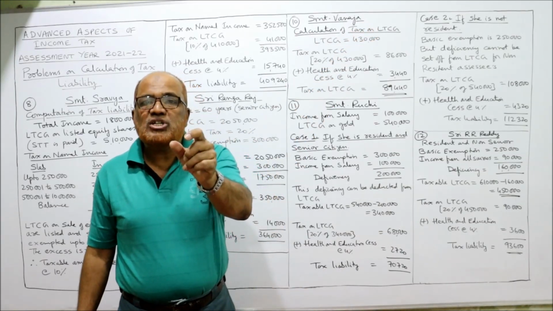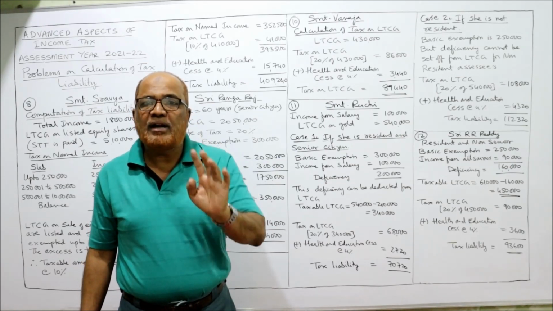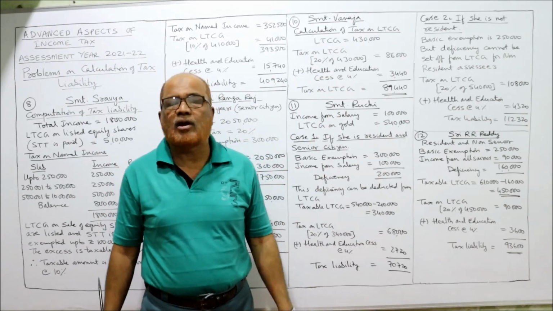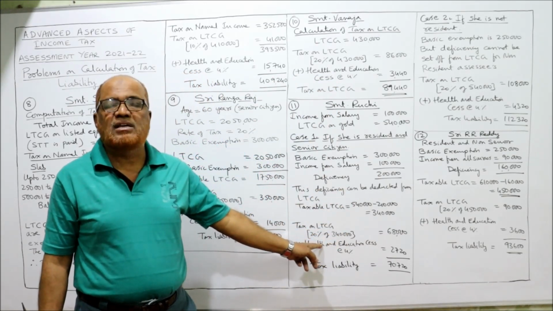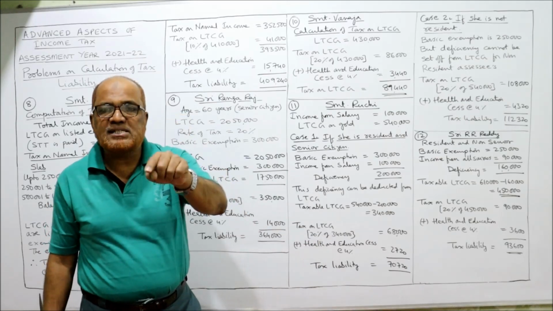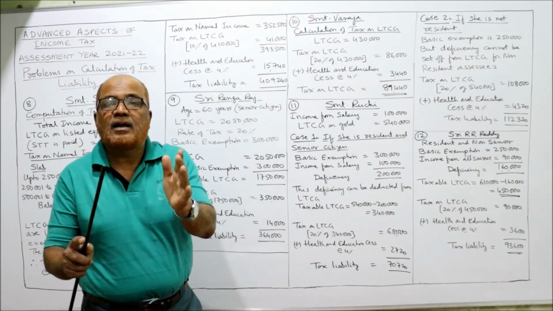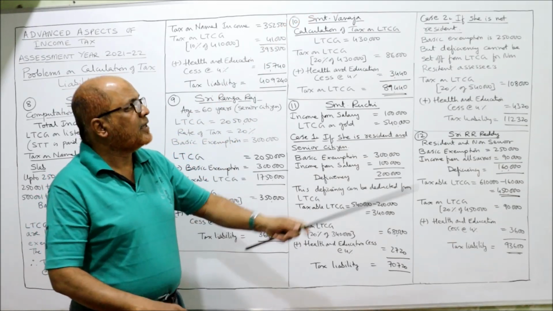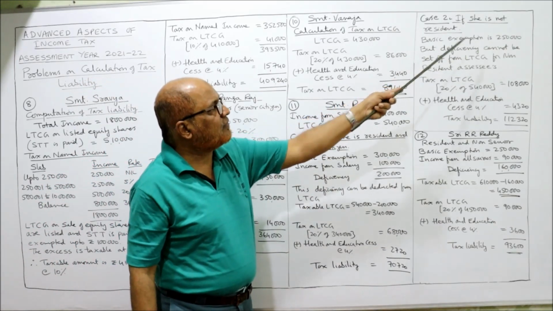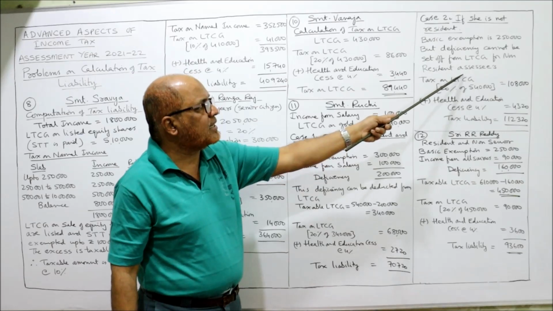Secondly, the deficiency cannot be set off from LTCG for non-resident assessees. This set off benefit is given only for resident assessees. For non-resident assessees, the deficiency cannot be set off from LTCG. So here basic exemption 2,50,000, but deficiency cannot be set off from LTCG for non-resident assessees.